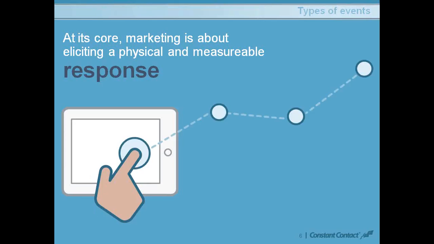And you seek a physical and measurable response: a click, a reply, a call, a purchase, a referral. These are all actions that represent a decision made by a human to react to your message. So keep this in mind as we discuss marketing and marketing campaigns and the ways to deliver the most effective campaigns. You're doing these things because you want people, your customers, your clients, your donors, or supporters to do something.